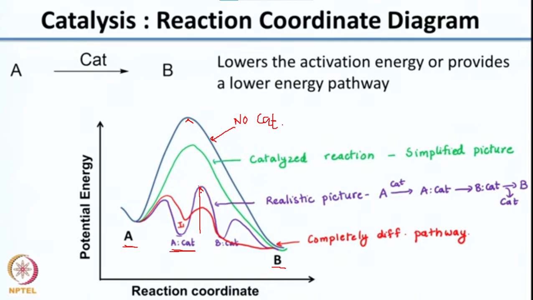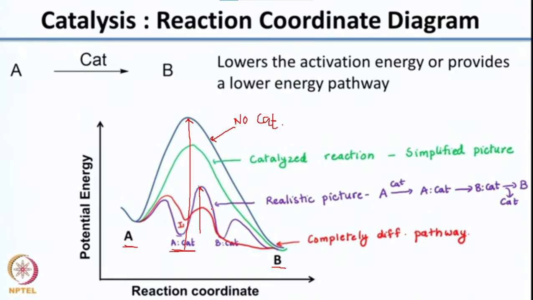You can see here, compared to this much high activation energy, this is the low activation energy. That's how the catalyst is favoring the reaction to form the product in a fast way. We can say catalysts are increasing the rate of reaction by lowering the activation energy.